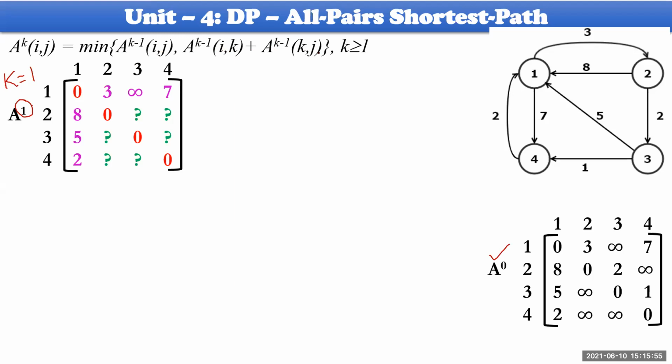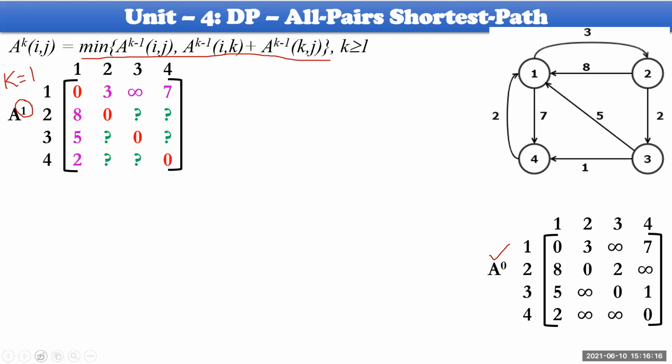If you consider 2 3 as our actual edge, then 2 comma 1 followed by 1 comma 3. That is the formula which we'd like to consider here. Based on this one, we have to perform the calculations and identify the values of these.